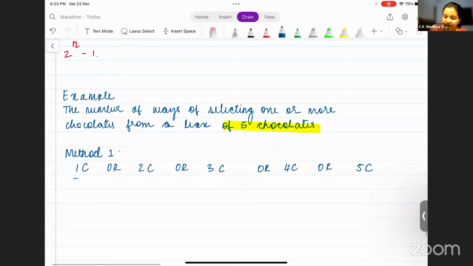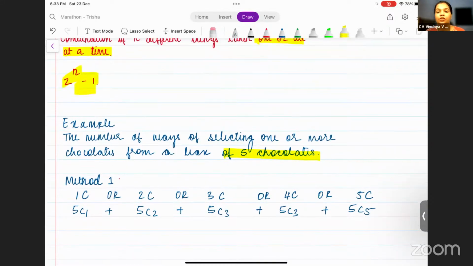So that means 5C1 plus 5C2 plus 5C3, 5C4 plus 5C5. The other way to solve this is by using the formula, which is 2 to the power n minus 1. Now, why have I taught you the first method? If suppose they say maximum 3 chocolates, 1 or up to 3 chocolates, then can I say these 3 things would be your answer?